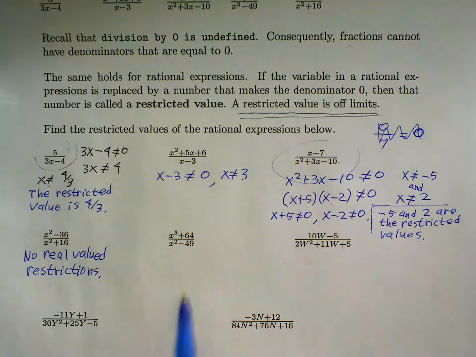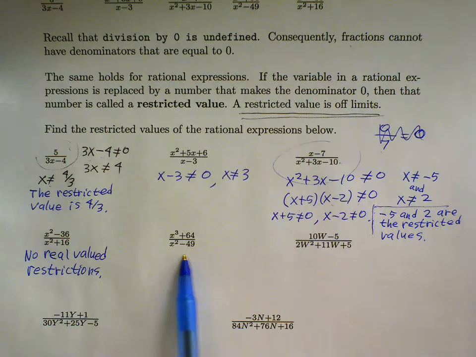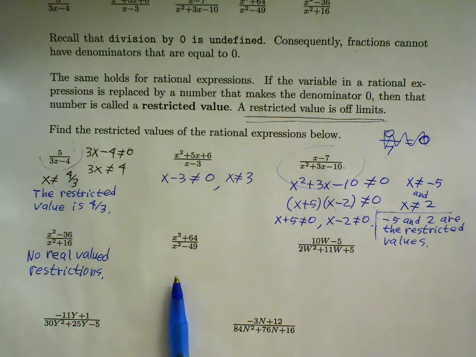Okay, the next one, x to the third plus 64 divided by x squared minus 49. Find the restricted values for that rational expression.